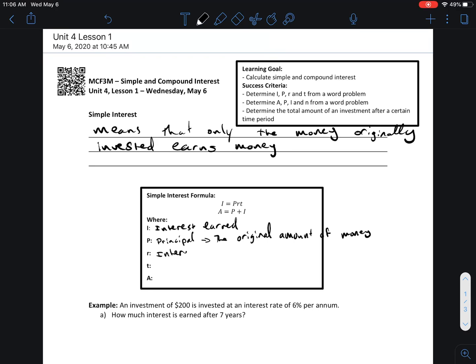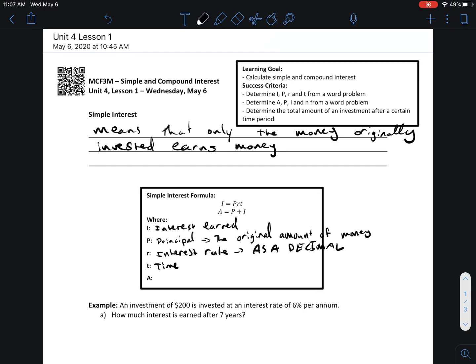Then R is going to be the interest rate as a decimal again. If you remember from exponentials, we always had to convert the percentage into a decimal value.